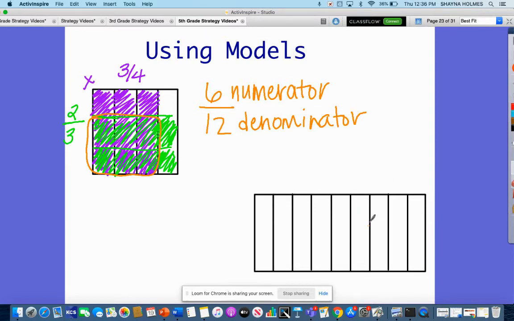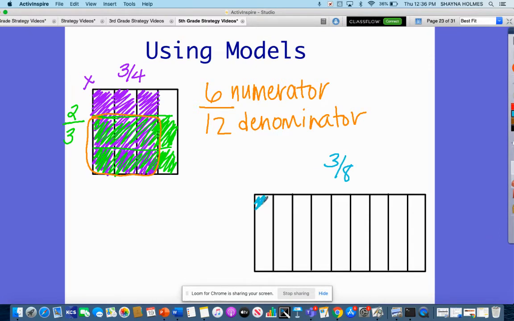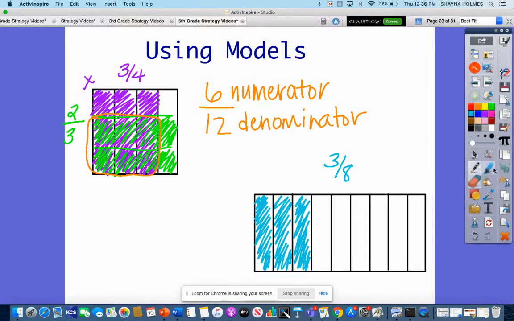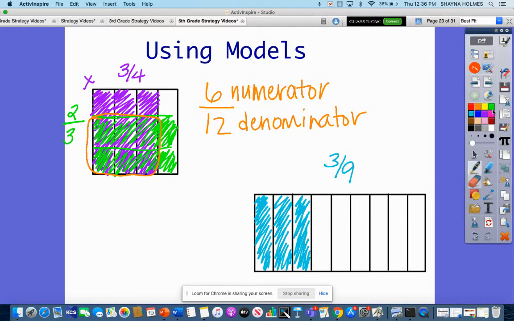Okay, let's look at another example. So I've got this one. Let's see, let's do blue. So I have 3/8, and I'm going to shade in 3/8. Actually, let's make sure it's 8s. 1, 2, 3, 4, 5, 6, 7, 8, 9. Oh, it's 9. So I've got 3/9. Sorry. 3/9, and then I am going to multiply that by, let's see, 1/6.